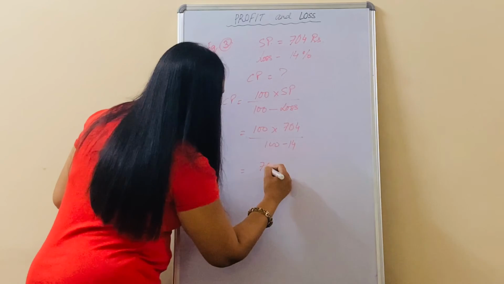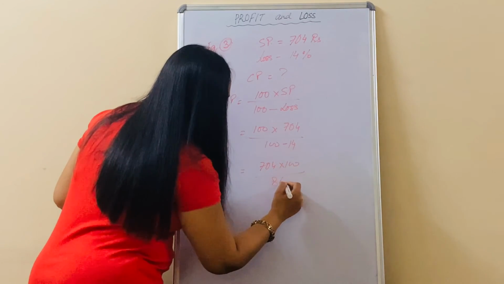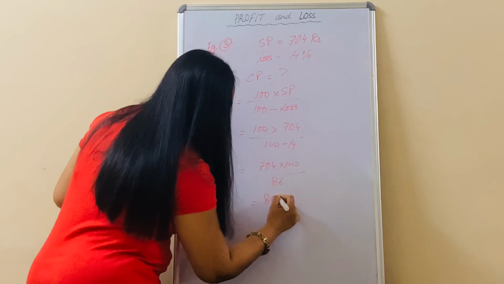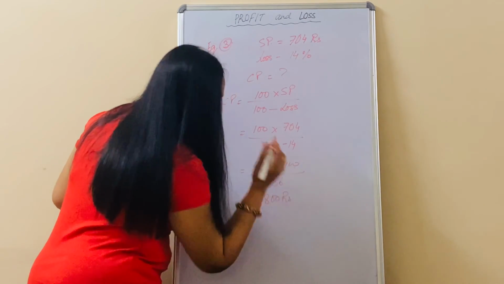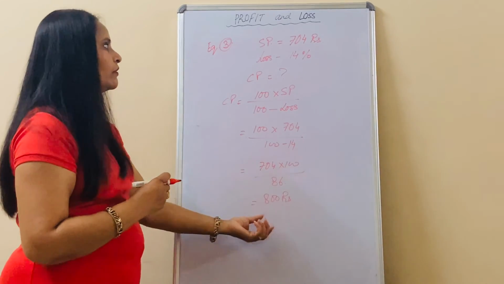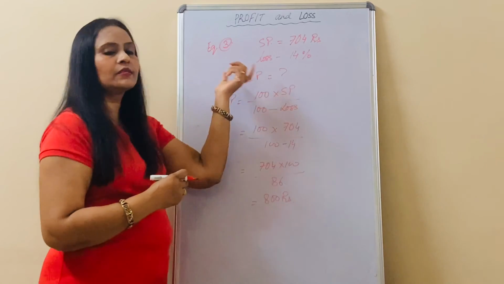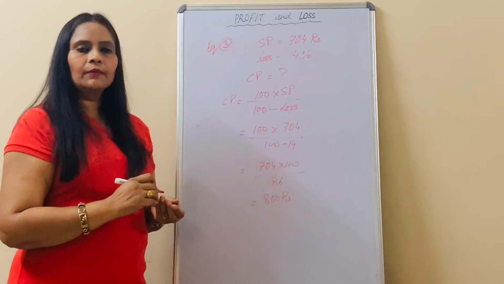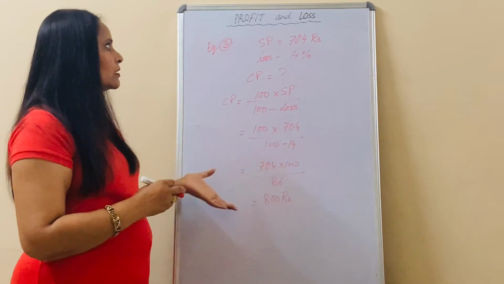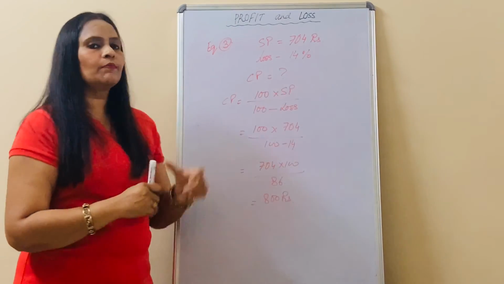So 704 into 100 divided by 86 comes out to be 800 rupees. So the cost price of that article is 800 rupees, which he is selling for 704 rupees and experiencing a loss of 14%. So these are certain numericals or problems related to profit and loss.